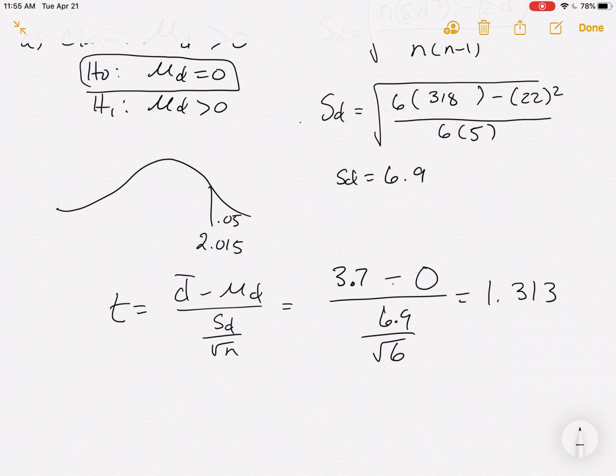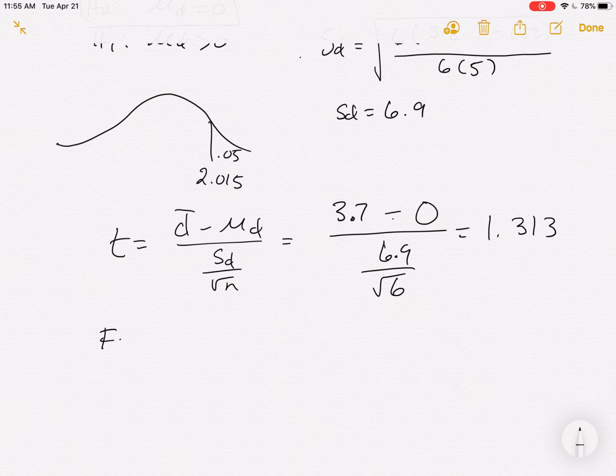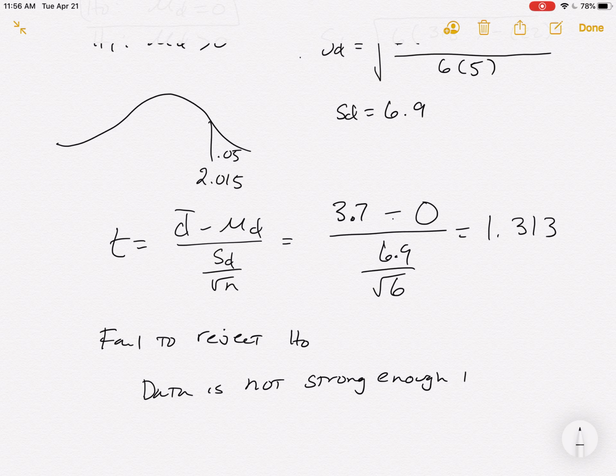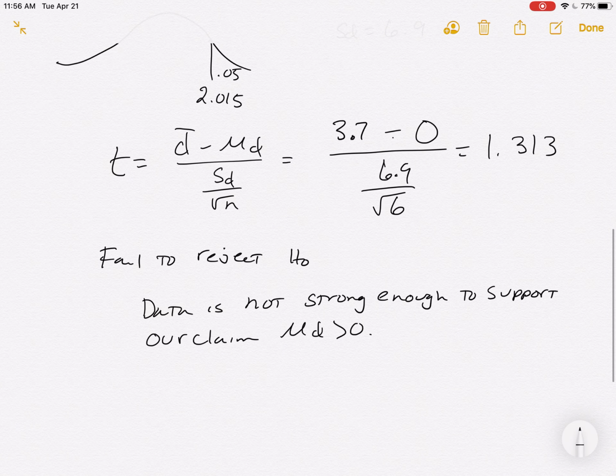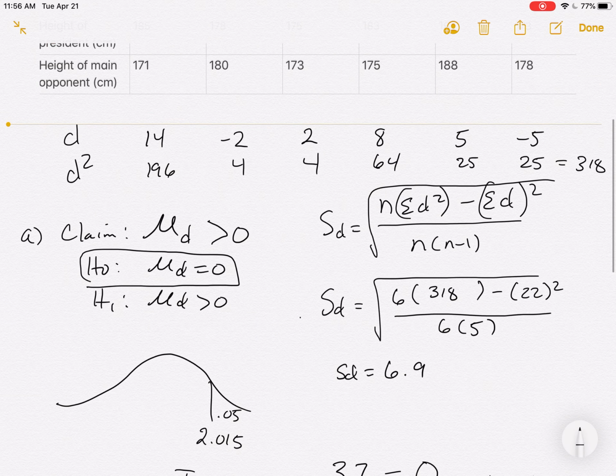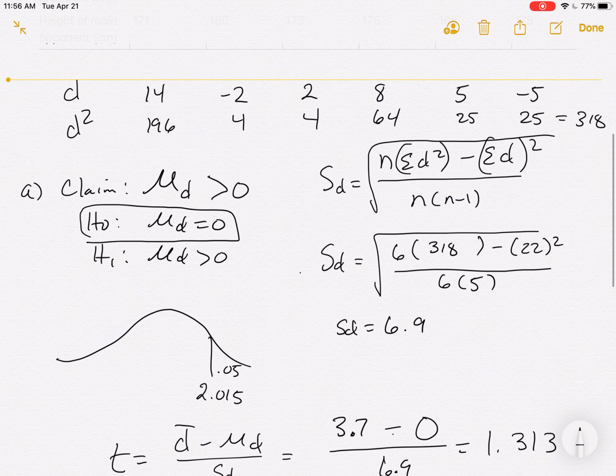Well, that's not big enough to reject, and so we fail to reject our null hypothesis, and so the data is not strong enough to support our claim, right? Our claim that mu d was greater than 0. We have not been able to establish that the presidents are taller than their main opponent.